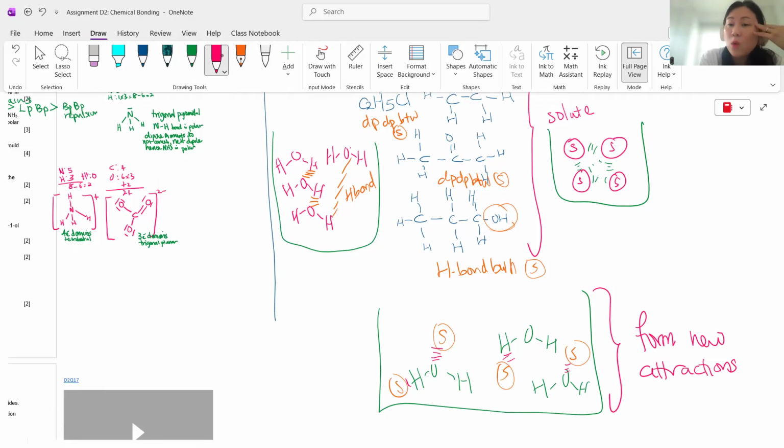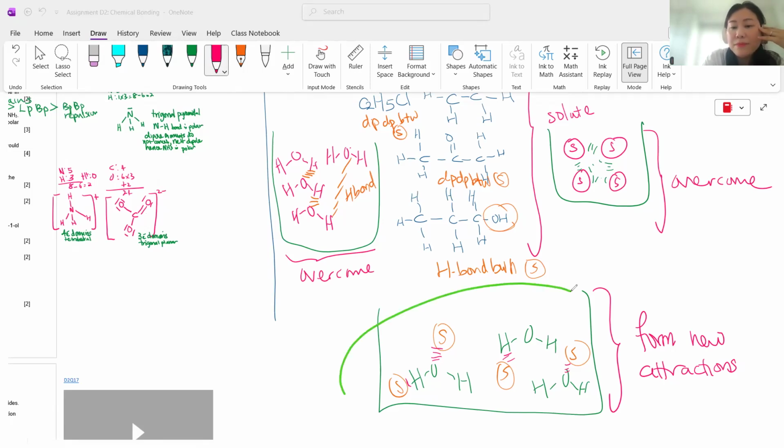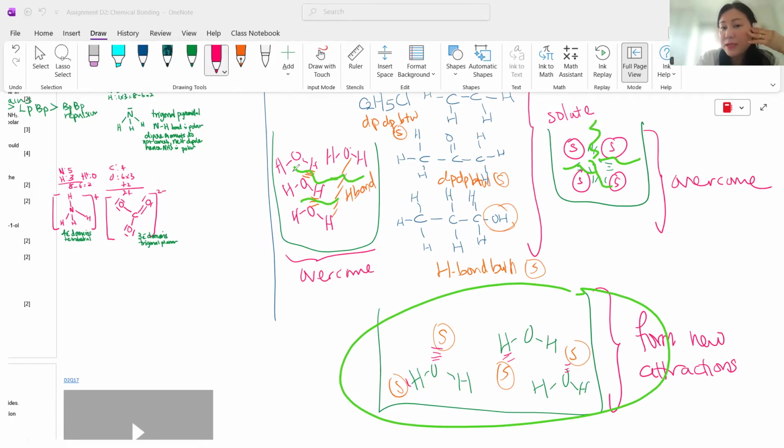And here, they are the old ones. There are existing ones that we need to break or overcome, right? So the energy that is given out from the new bond formation should be able to overcome the ones that you need to break up. Then you can mix, right?